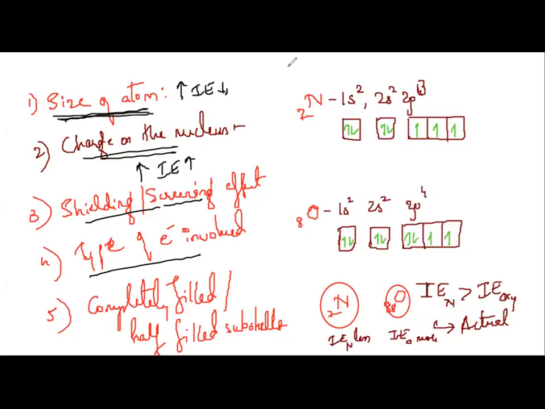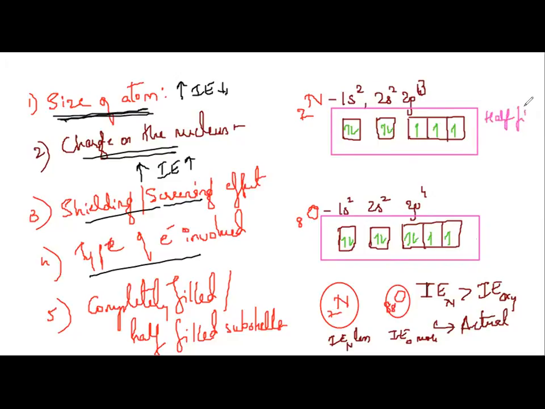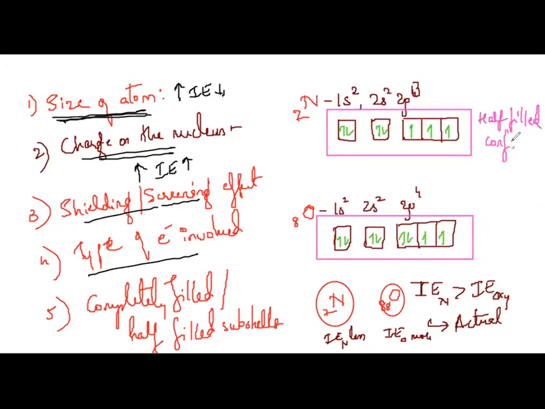Now observe the orbital diagrams of nitrogen and oxygen. If you observe carefully, you will see that the outermost orbital of nitrogen has a half-filled configuration, whereas oxygen does not.